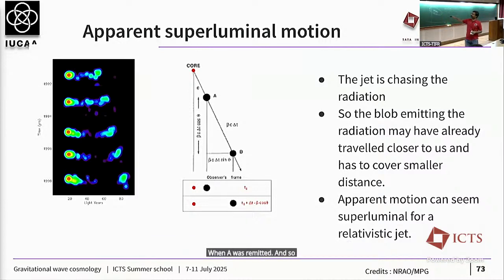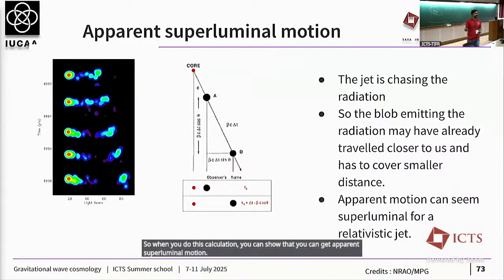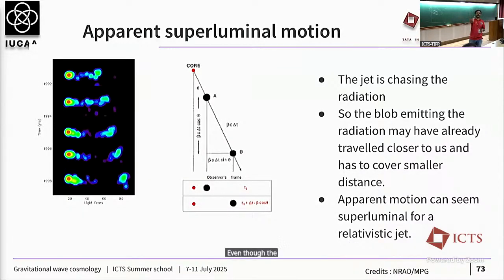And so the time that you observe between A and B is different from the delta t that has gone by between when the blob was at position A and at position B. So when you do this calculation, you can show that you can get apparent superluminal motion, even though the jet is actually not traveling faster than the speed of light. This is just because of these time delays.